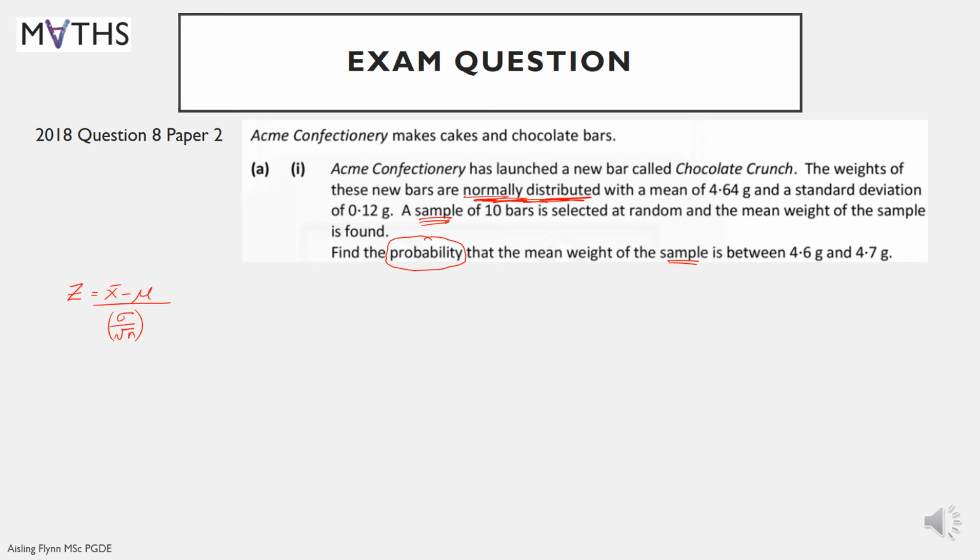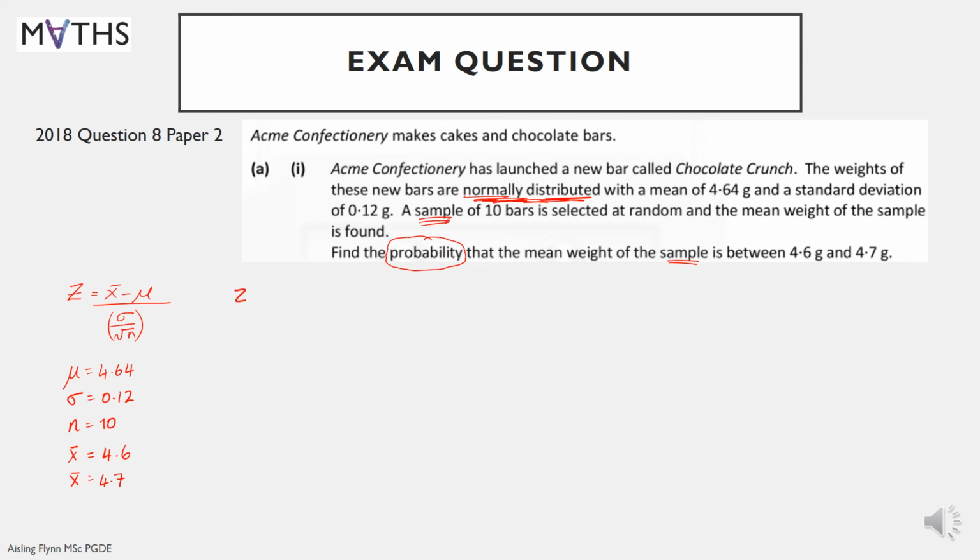Firstly it's useful to make a list of your values and what you have. So the mean of the population, which is mu, is 4.64. Standard deviation from the question is 0.12, that's of the population. Our sample size is 10. And we're going to work with two different sample means. We're going to get a z-score for 4.6 and a z-score for 4.7, and we'll use those z-scores to work out the probabilities.